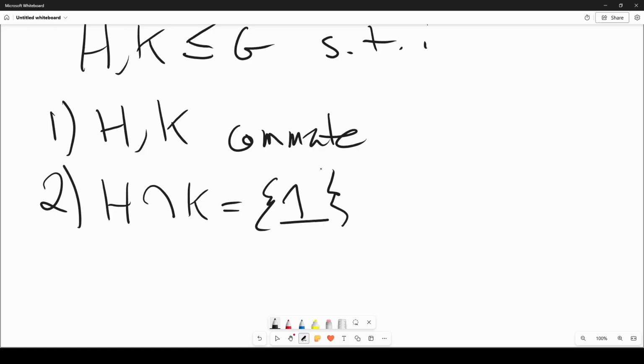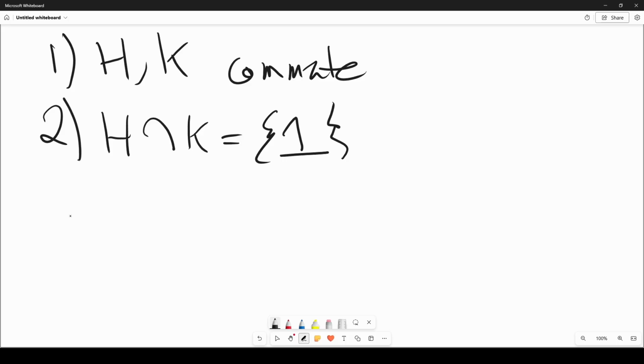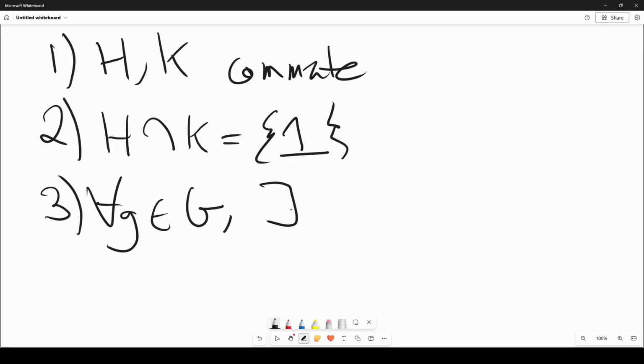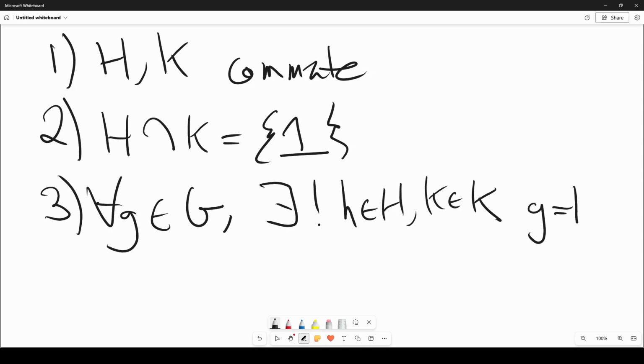This tells me that the size of the subgroup product is the size of the direct product of H and K. And third, for all elements g in G, there exist unique elements h in H and k in K such that g equals hk.